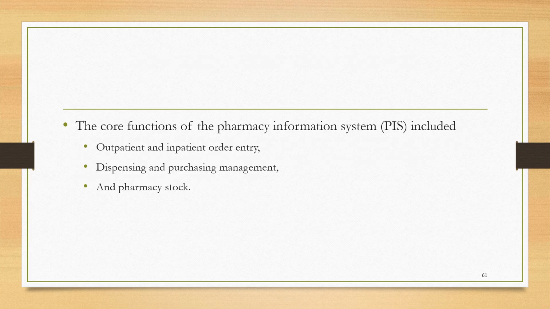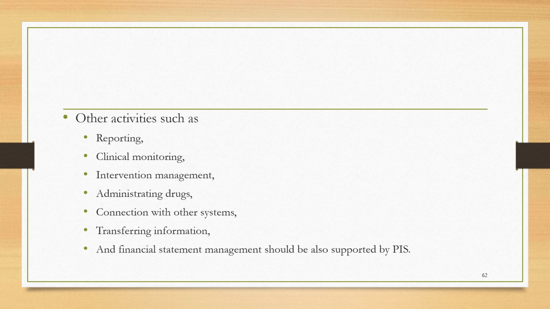The core function of pharmacy information system is outpatient and inpatient order entry, dispensing and purchasing management, and pharmacy stock. Other activities such as reporting, clinical monitoring, interventions management, administrating drugs, connection with other systems, transferring information, and financial statement management should also be supported by pharmacy information systems.